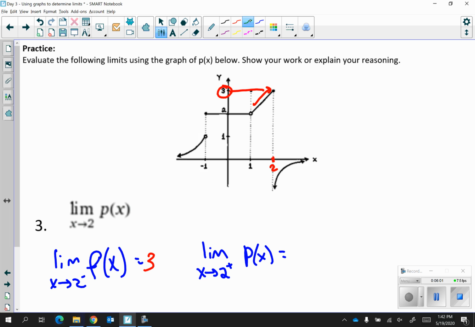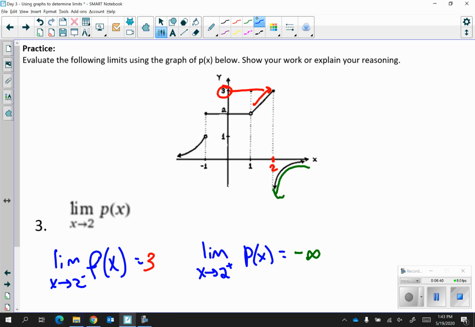Now, as you're coming from the right-hand side of the graph, we have an arrow, meaning that the function doesn't actually really approach a specific number. It's heading down towards negative infinity. Now, I know a lot of people are saying, aren't you actually heading up towards positive infinity? But that's not the case here, because we're specifically approaching from the right-hand side. So as we go from the right close to x equals 2, and we're heading to the left, the graph is decreasing in the direction that we're looking at.